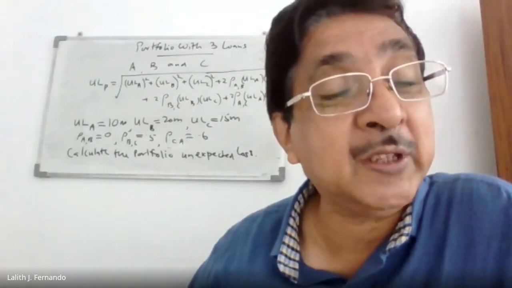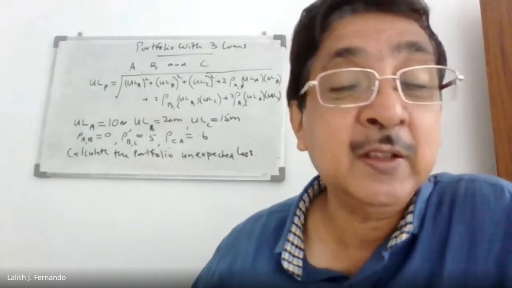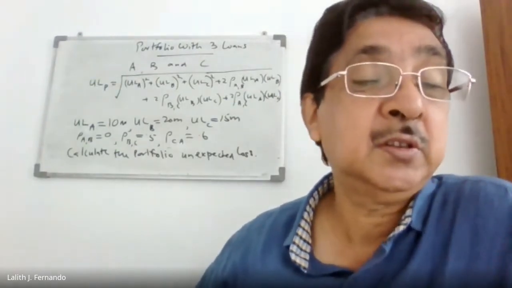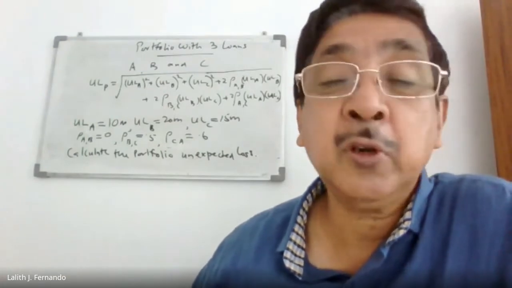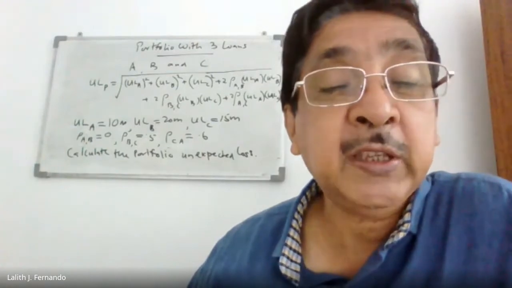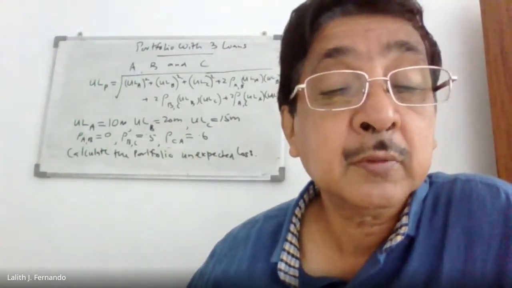Luckily we have not got that, it's only 0. But if you got 0.5 or something there, the portfolio loss would have been bigger. I think you got my explanation. Is that okay? Any confusion on that?